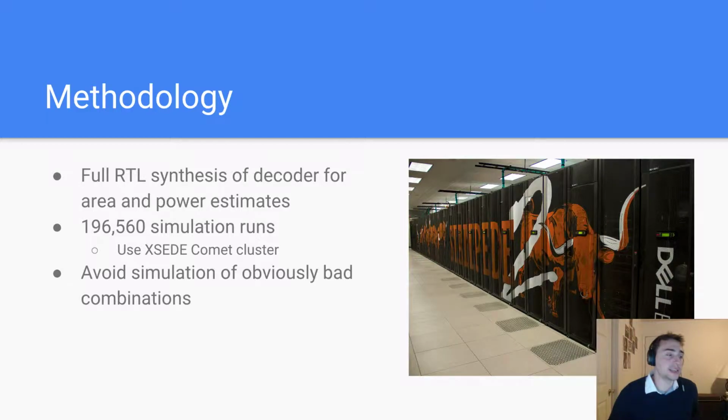There are some obviously bad combinations that we wouldn't want to have. For example, we would never really want full SIMD support on a core that only has 8 registers. Things like this just don't make any sense, so we don't even consider those architectures.